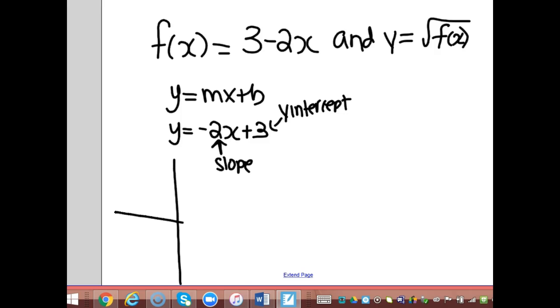So I can draw my diagram starting at my y-intercept of 3, and then this is my rise, and since there's nothing under the negative 2, we'll put a 1, and that would be my run. So my rise is actually falling 2, so I'm going down 2, and I'm running 1. And so my point would be there.